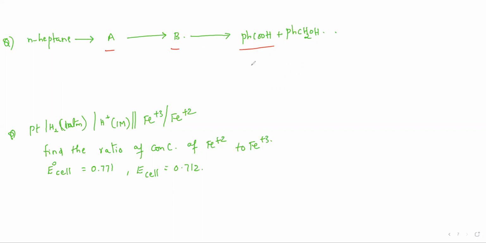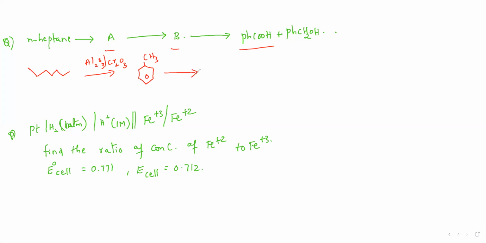I did not write the options here, we can just see the overall equation. So n-heptane, 1, 2, 3, 4, 5, 6, 7. Whenever it reacts with Al2O3 or Cr2O3, the process is called aromatization. So this can be converted into toluene. A non-aromatic or non-cyclic form is converted into an aromatic compound over this reagent.